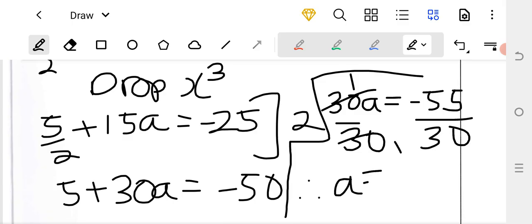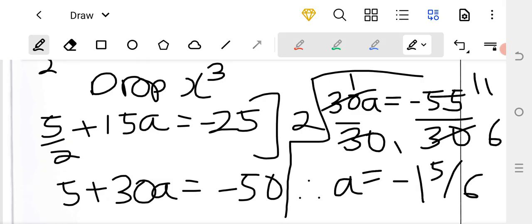Therefore a is equal to, what is the highest number which can go into 55 and 30? It's 5. 5 can go into 55, 11, 5 can go into 30, 6. So a is going to be equal to negative 11 over 6. That's your final answer.